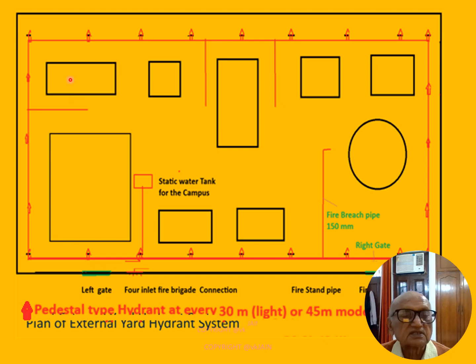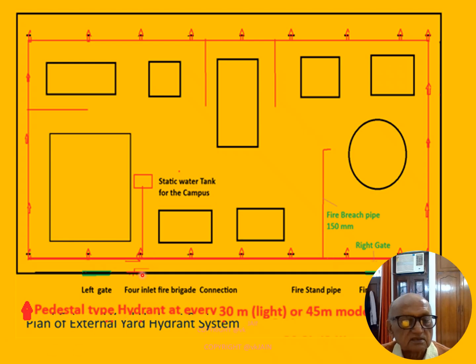Now several buildings are protected this way, and this ringman has some extensions if the building is more than 22.5 meters away from the ring system. These are known as bridge connections. I have shown them here.